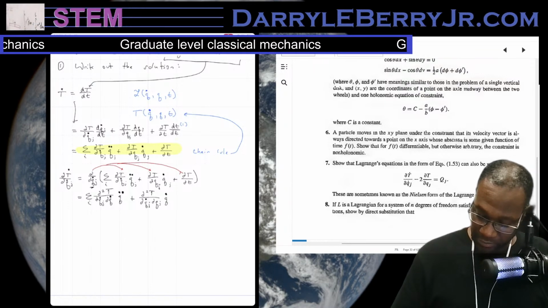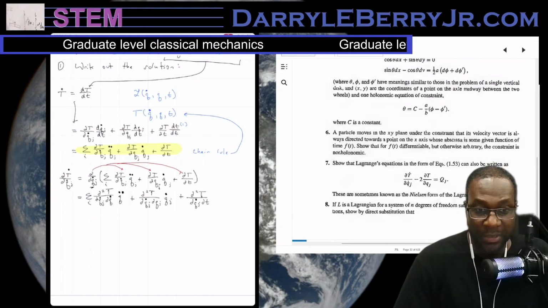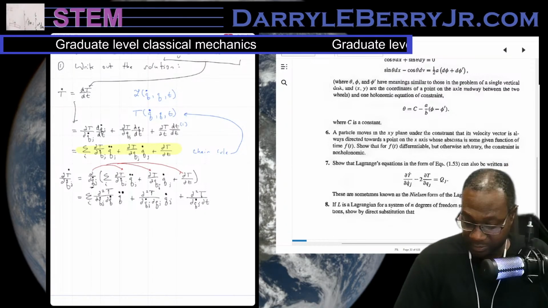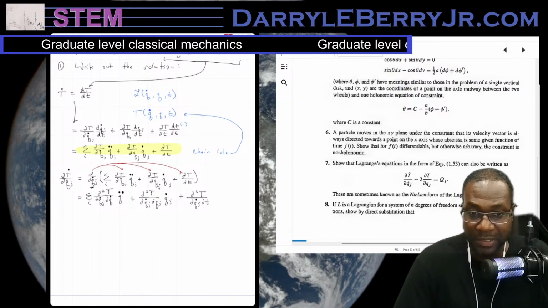This will have a q dot j plus partial squared T over partial q still dot j and partial t. So if I'm looking at this correctly, going back to the solutions, that looks like I have it correct.